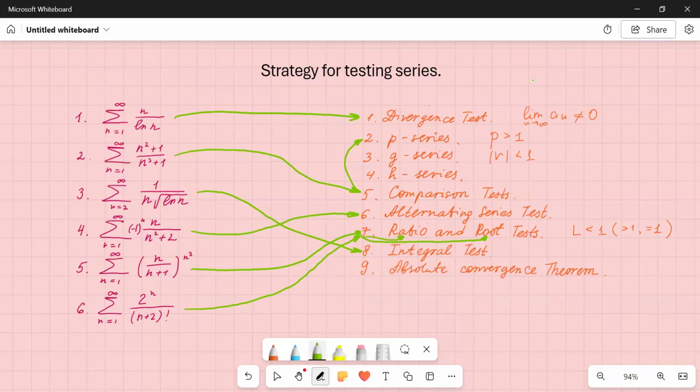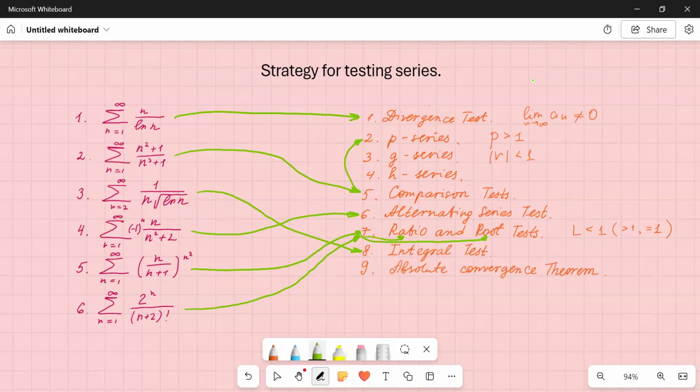So let's say we did not use the G series and H series, which is just good to know: the H series is divergent and the alternating one is convergent, right? The G series is actually used in the ratio and root tests, right? We are doing comparison with it, and sometimes we use the G series for comparison tests too.